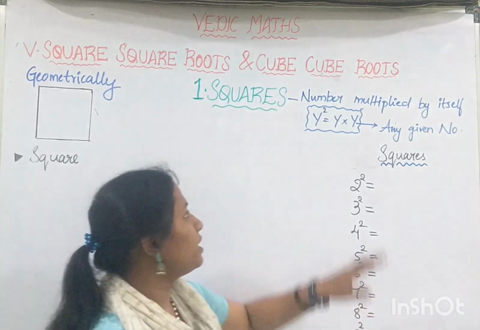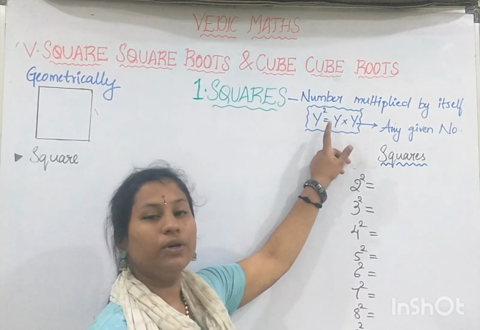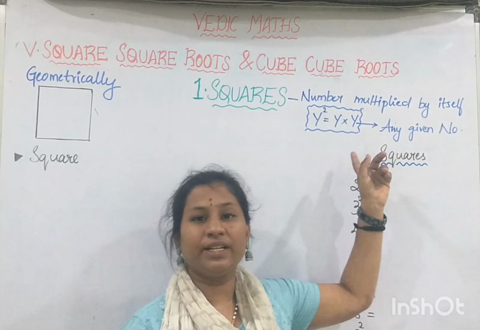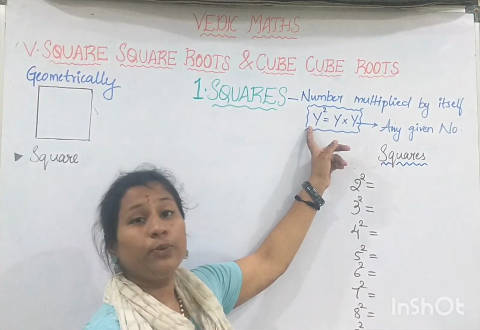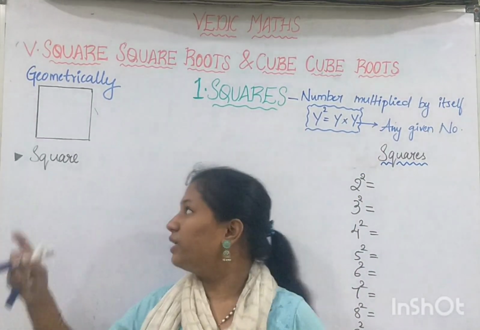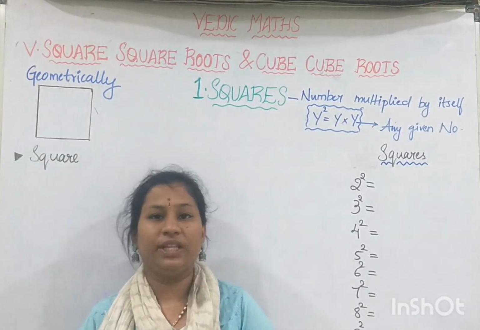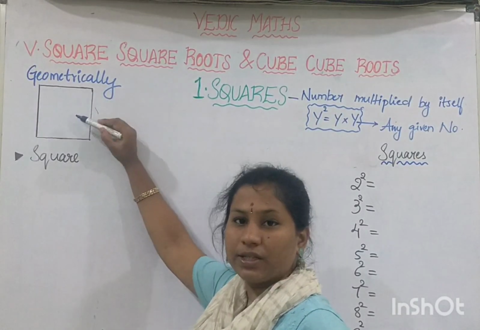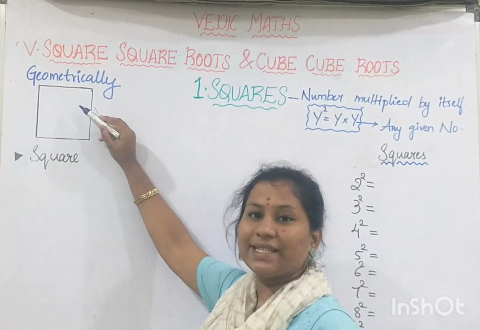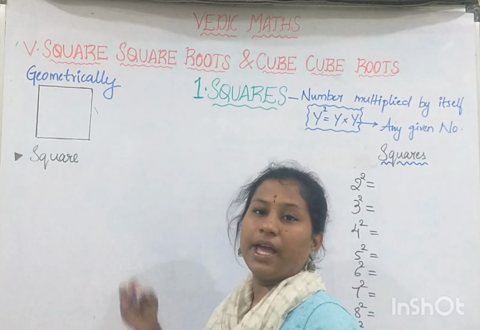Here I have represented the square with a number as y square is equal to y into y, and here it is represented with a figure. Let's see practically how these combine. Square means all the 4 sides and all the 4 angles are equal.